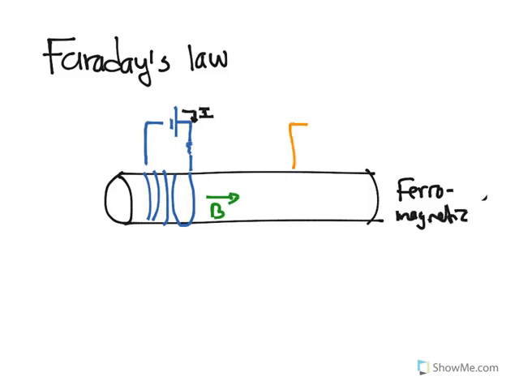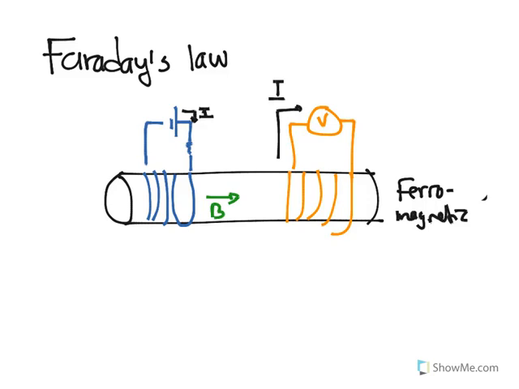Now let's put another situation where we have another coil, right? And we put a voltage. Now, the fact that this magnetic field was produced generates in this coil a very small, very rapid voltage.